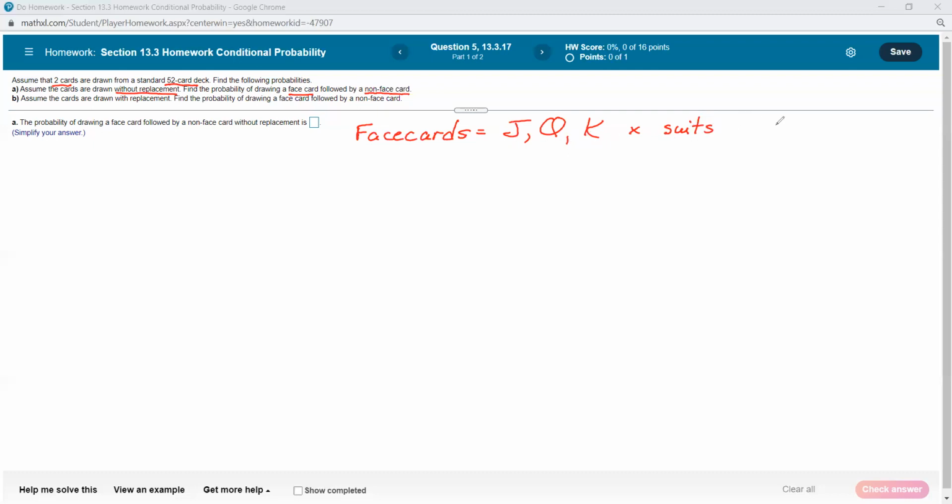So 3 cards out of each of the 4 suits is 12 face cards. Since we're only talking about face cards and non-face cards, we've got 12 face cards. That leaves 52 minus 12, which is 40 non-face cards.